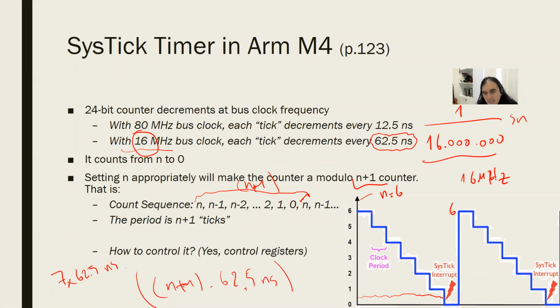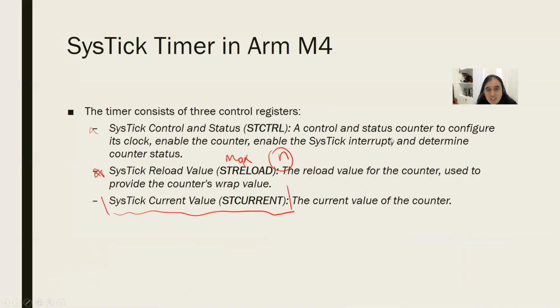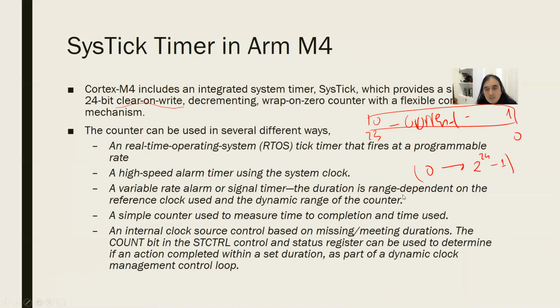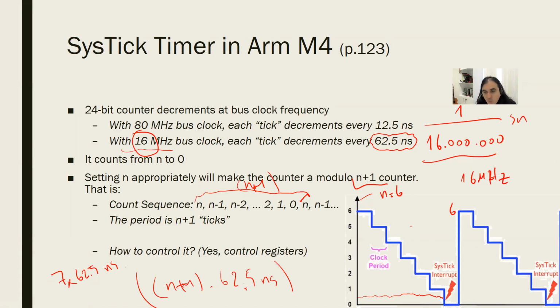So while it's counting backwards from 6 to 0, I could do anything in the main code. I could do some instructions. And imagine I changed this register, the reload register, to 8, somewhere around here, while it was counting back.